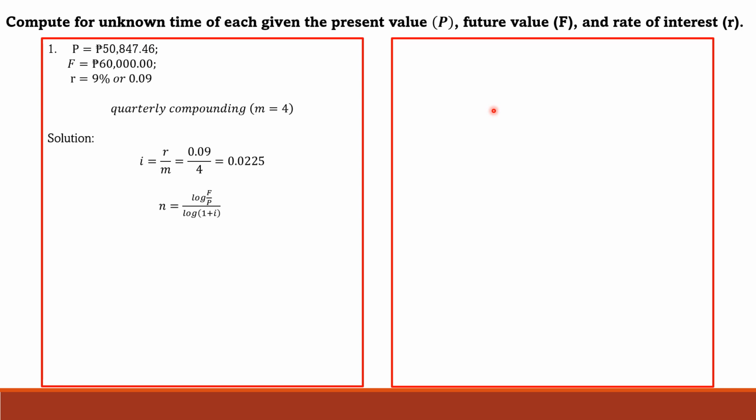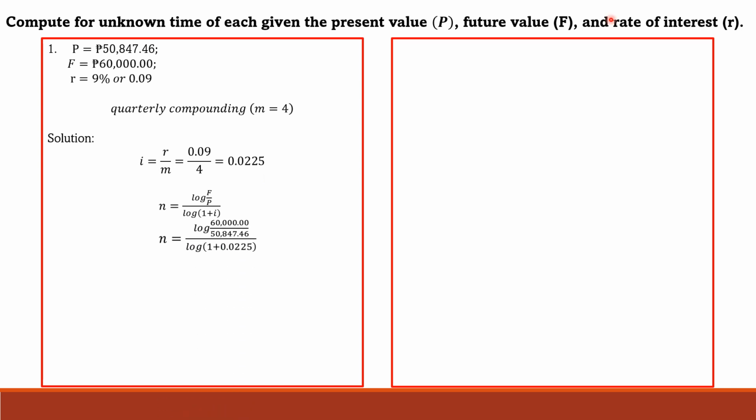So, syempre, para makuha po muna natin yung I na yan, isusolve muna natin yung R divided by M. So, 0.09 over 4. Ang rate natin is 9%. Convert to decimal, 0.09. Ang ating conversion period is quarterly. So, M is equal to 4. So, ang I natin is 0.0225.